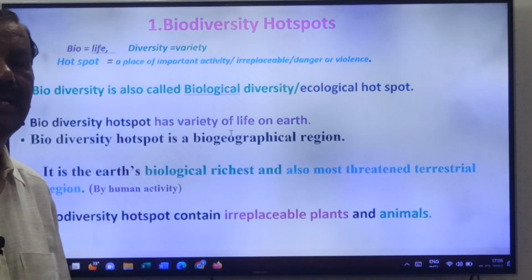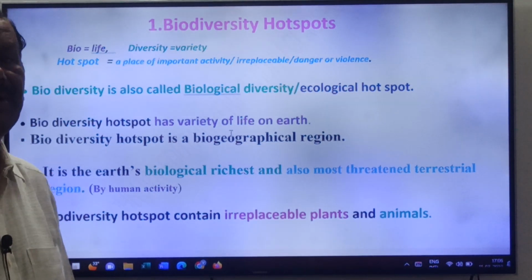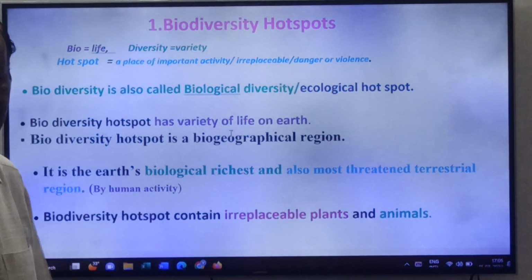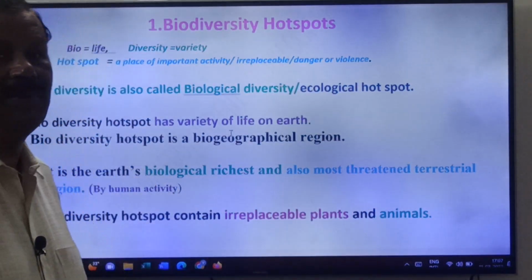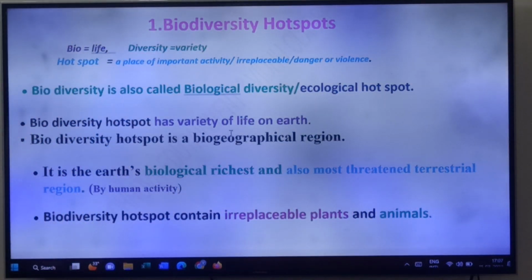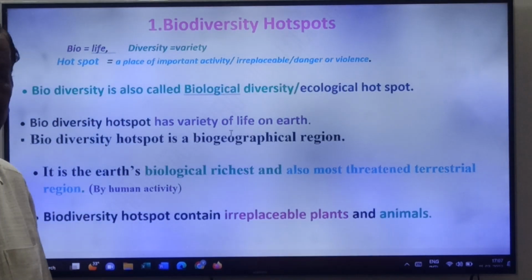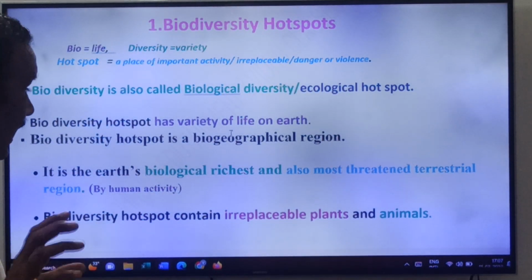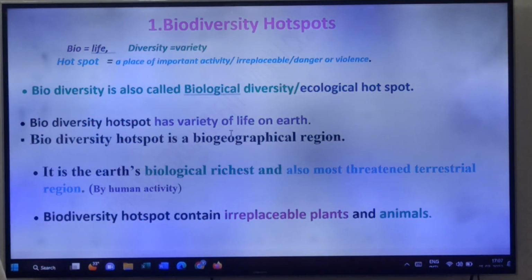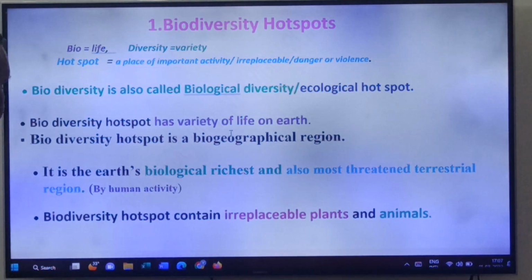Threatened to whom? To fauna and flora, by human activity. So we have many types of plants and animals, but they face a threat from human beings. So biodiversity hotspots are the biologically richest and most threatened terrestrial regions, threatened by human activity.